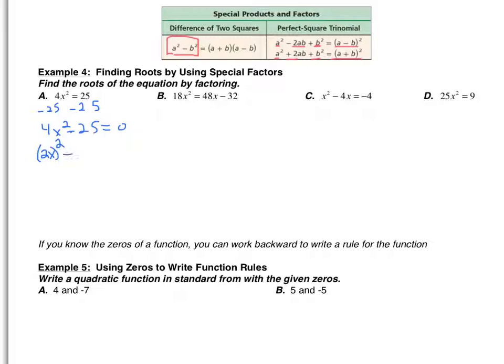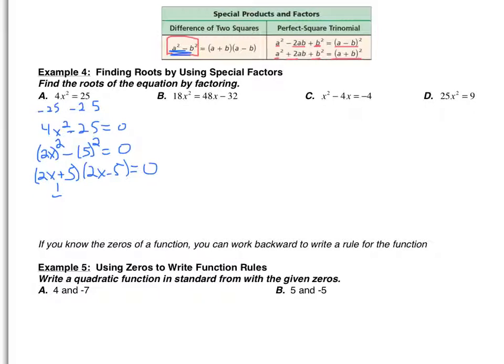And then minus, what is the square root of 25? Well, 5 squared makes 25. So that follows along with our a squared minus b squared. So our a is 2x and our b is 5. So we end up with 2x plus 5, 2x minus 5, and that equals 0.